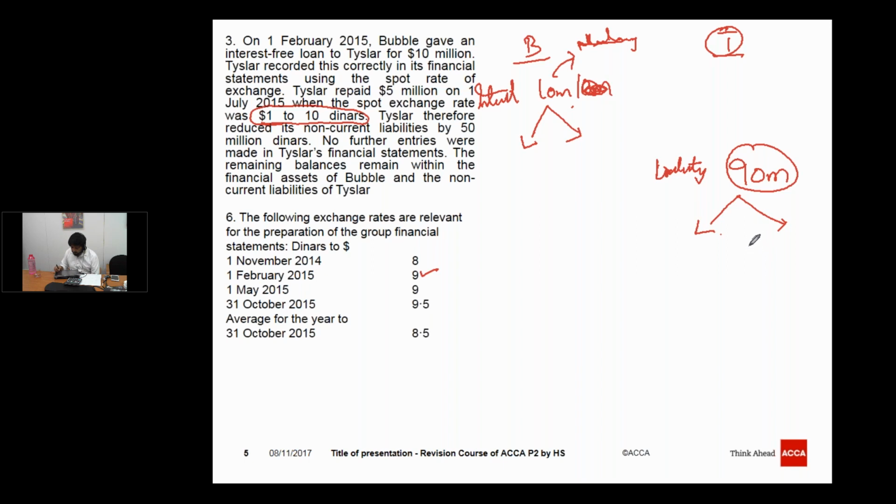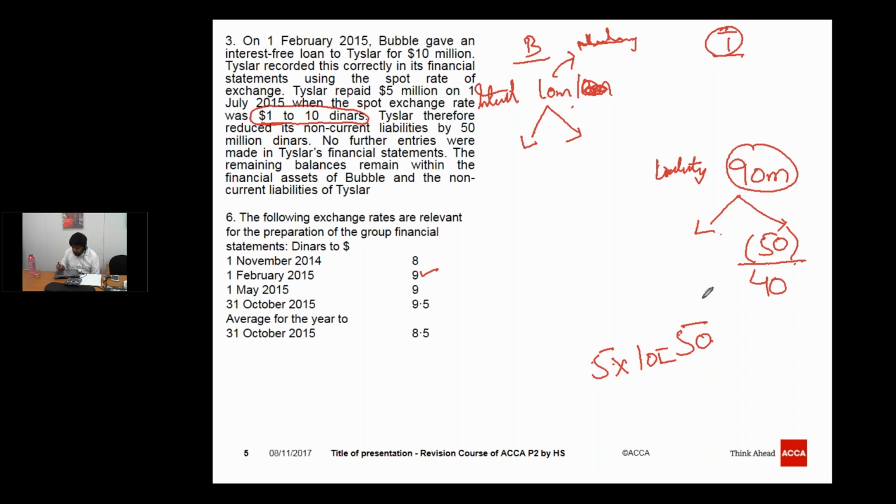We have to use 50 million dinars, that is 5 multiplied by the rate of 10 at that date. So out of 90 million, we have paid 50 million, and the remaining liability is now 40 million in the books. Okay. That's fine.